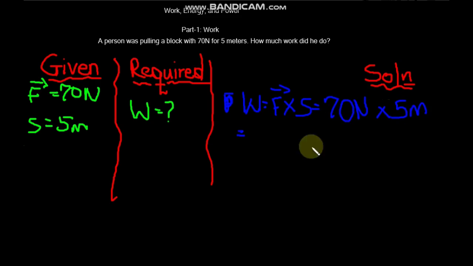So 70 times 5 is 350. And Newton times meter is joule. So we can say that the work done is equal to 350 joules.